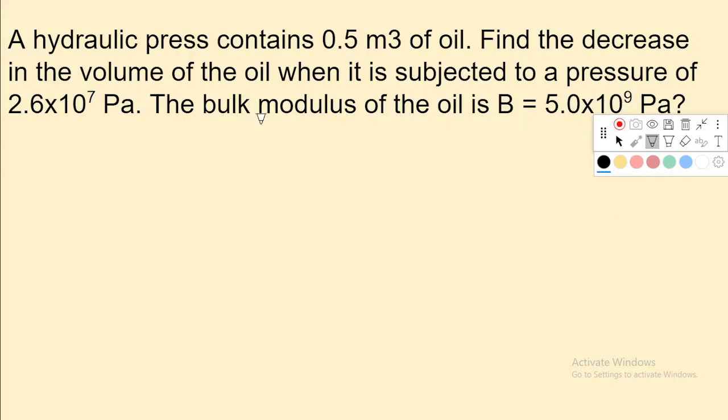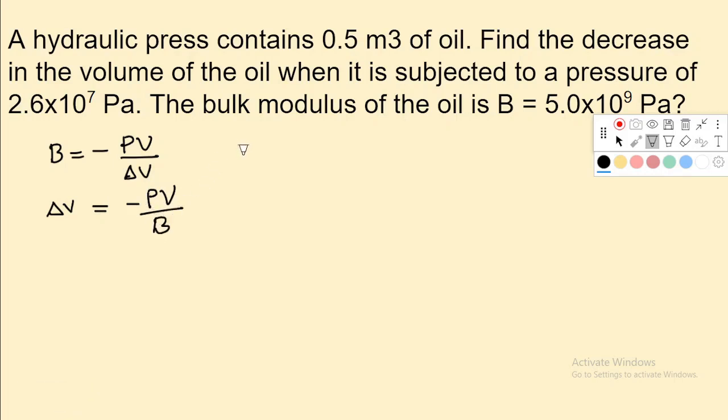Here we are asked to find the decrease in volume, the change in volume. So let us write the expression for bulk modulus. That is B is equal to negative P V divided by delta V. Since we are asked to find the decrease in volume, delta V is equal to negative P V divided by B.